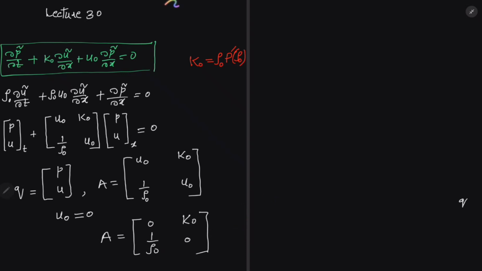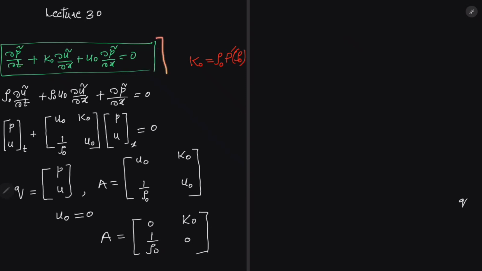As we saw, when we have the scalar equation, this scalar equation has a solution q bar of x minus u bar t. It depends whether the wave is moving towards the right or towards the left.